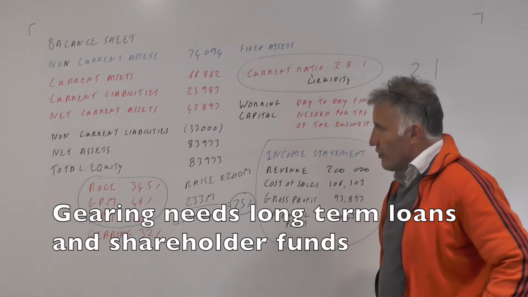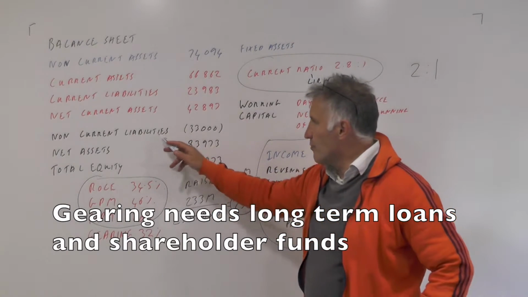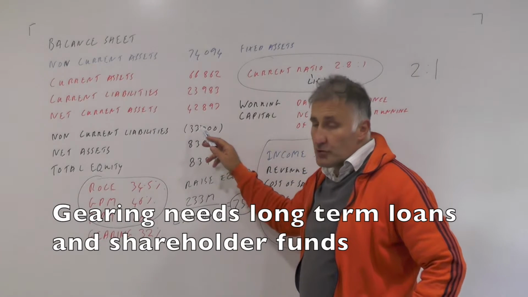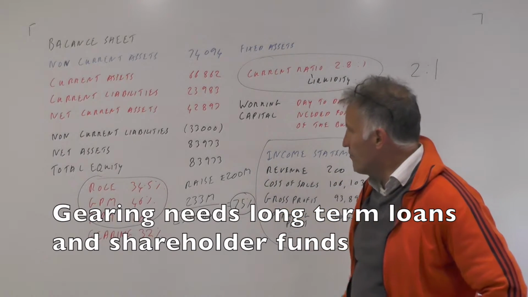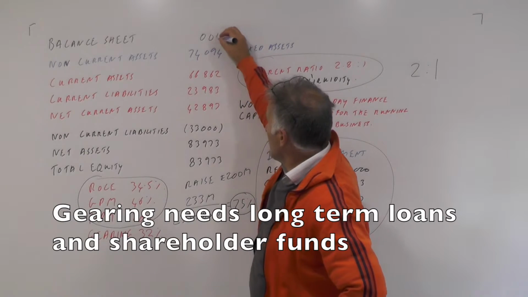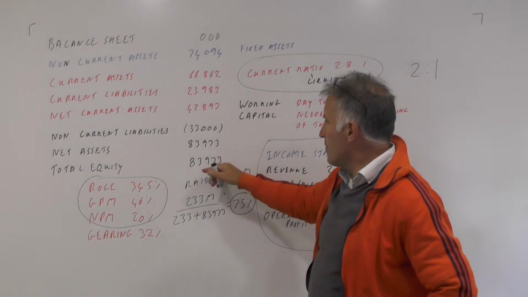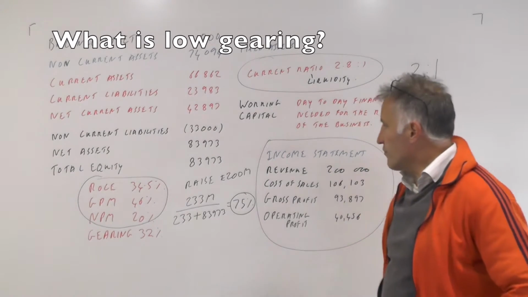Then we also want to look at the gearing, and we get the gearing totally from the balance sheet, which is just long-term loans, non-current liabilities. It's always a positive number, even though here it's negative because you borrowed the money. So it'd be 33 million pounds, this is in 000s up here, divided by 33 million pounds plus 83,973,000.